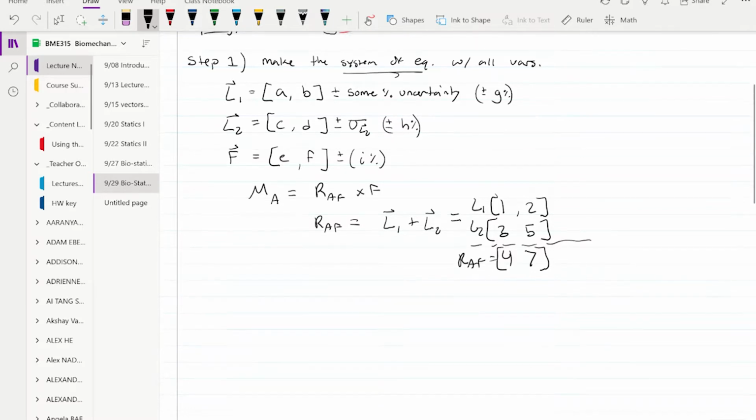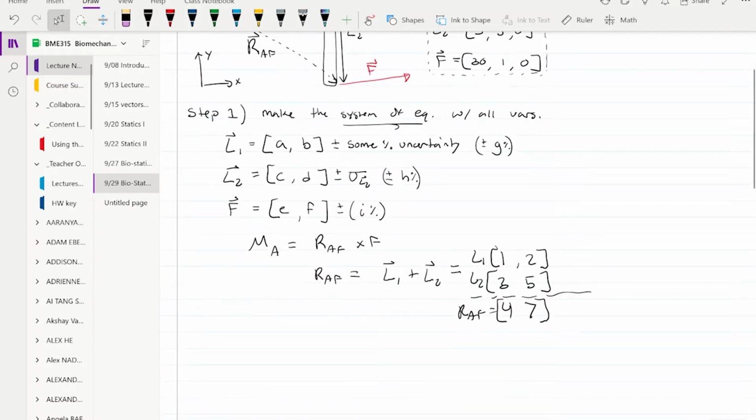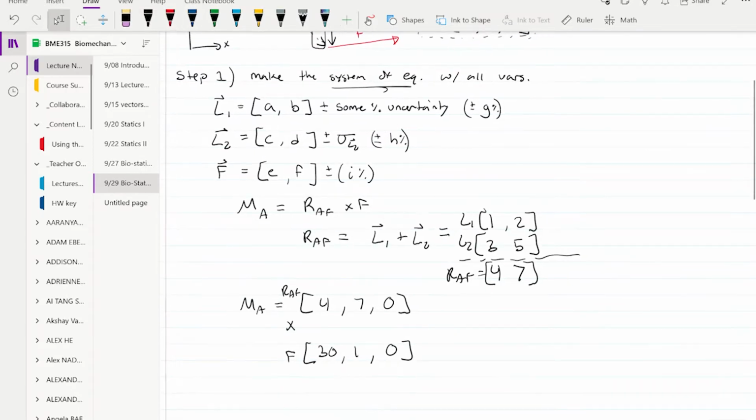So moment about A is equal to 4, 7. Well, let's keep the 0 because it helps with this cross product. This is RAF cross F. Put F right here, 30, 1, 0. All right, so check this out.